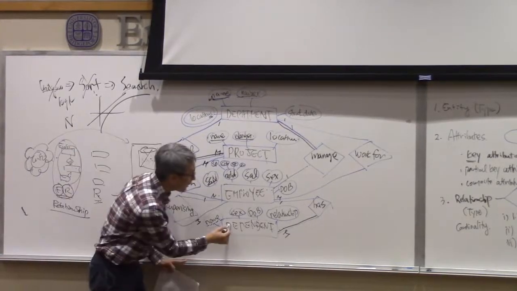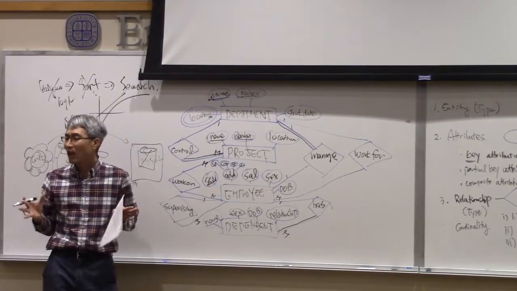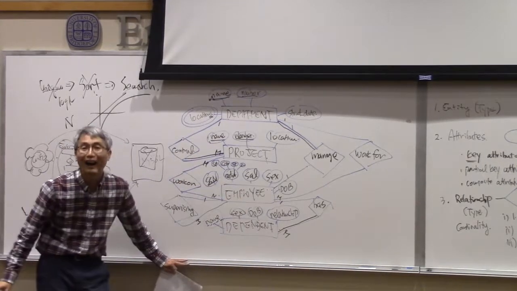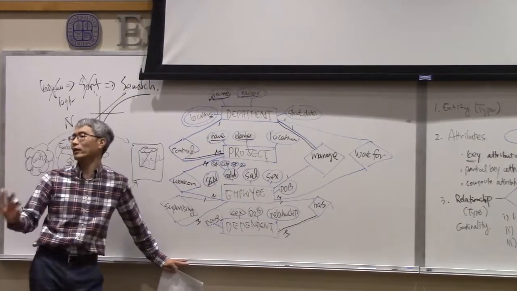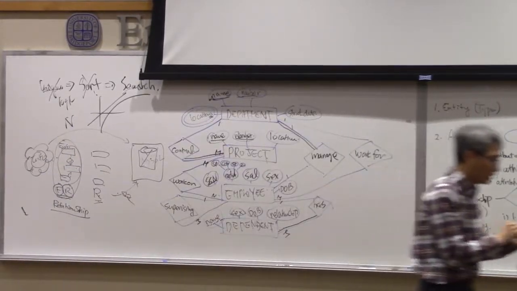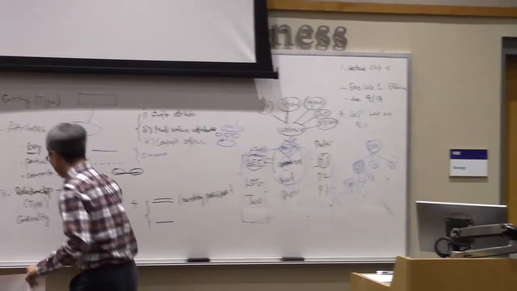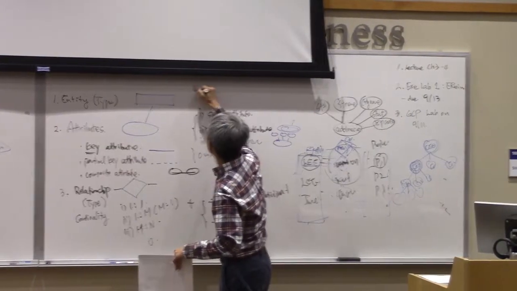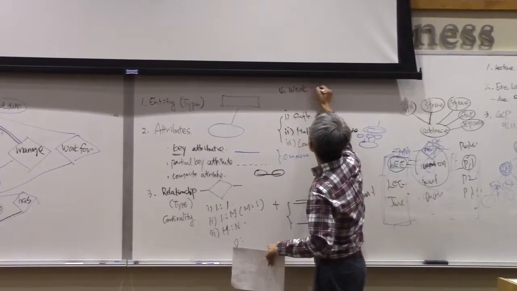Because of that, dependent does not have the key attribute, but with the help of the other entity, we can find the data. At that time, the entity is called a weak entity.